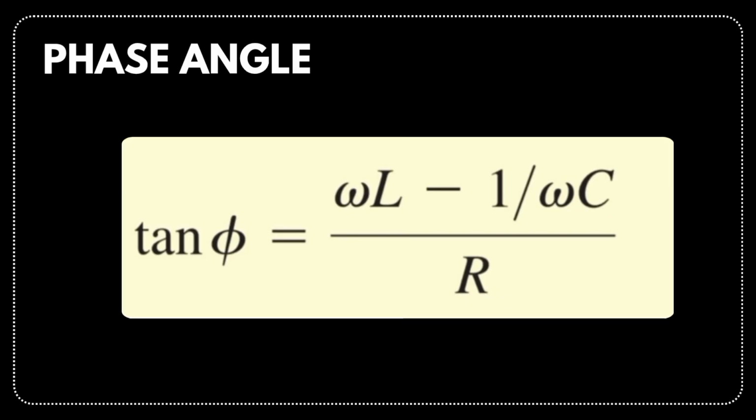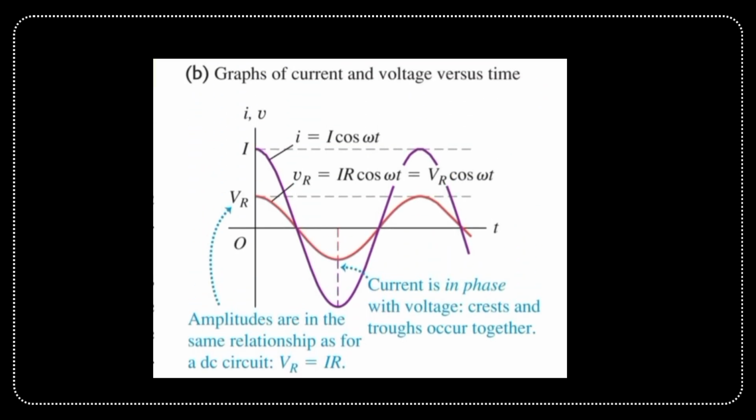Okay, so after discussing the formula of phase angle, let me discuss this diagram. So the diagram shows graphs of current and voltage versus time in an AC circuit. So the current waveform is represented by a cosine function as indicated by instantaneous current is equal to maximum current cos angular frequency multiplied by time.